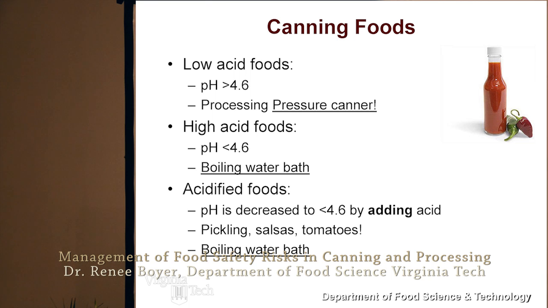When we talk about regulating foods, there are really 3 different categories of foods. There are low acid foods, which, as I told you, have a pH greater than 4.6. There are high acid foods that have a pH lower than 4.6.